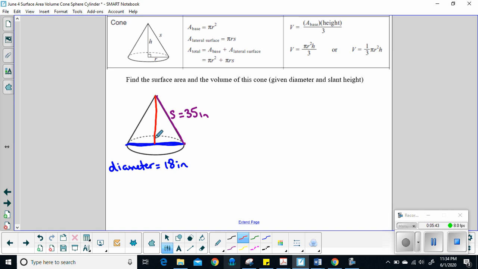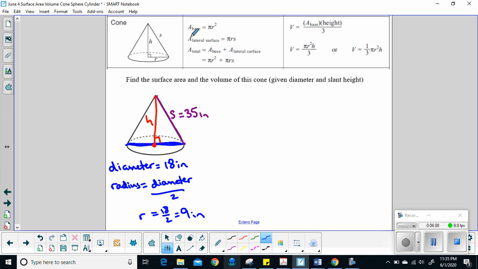Height, I'm going to drop it down. I don't know any numbers for it, but it goes there. None of this involves diameter, but I do know that radius is equal to diameter divided by 2. So my radius is going to be 18 over 2, which is 9. So that's good to know.